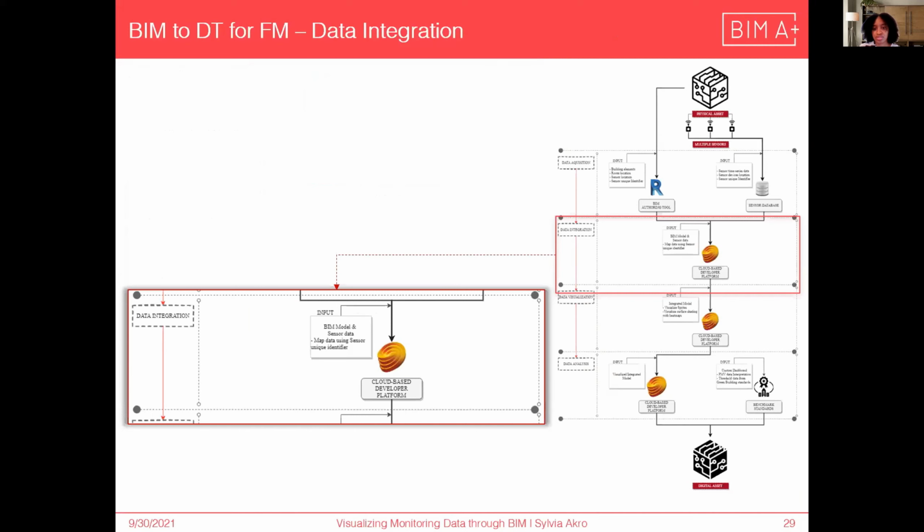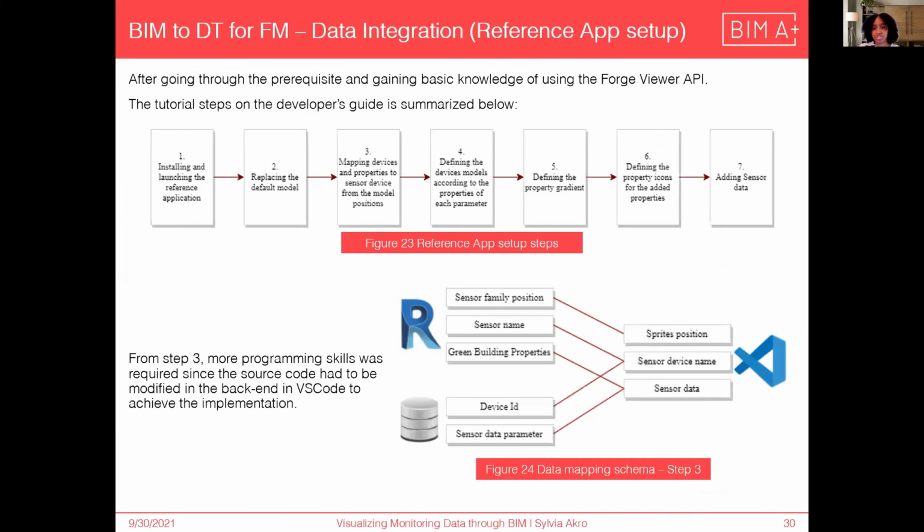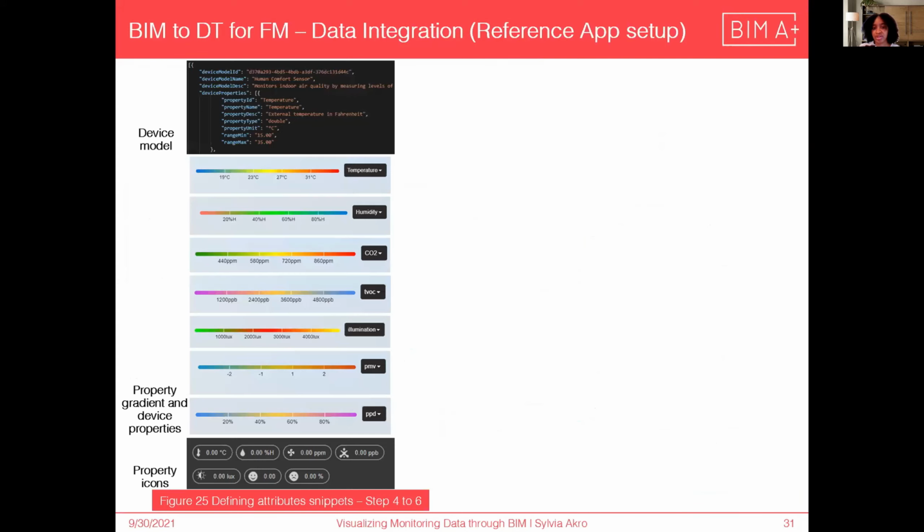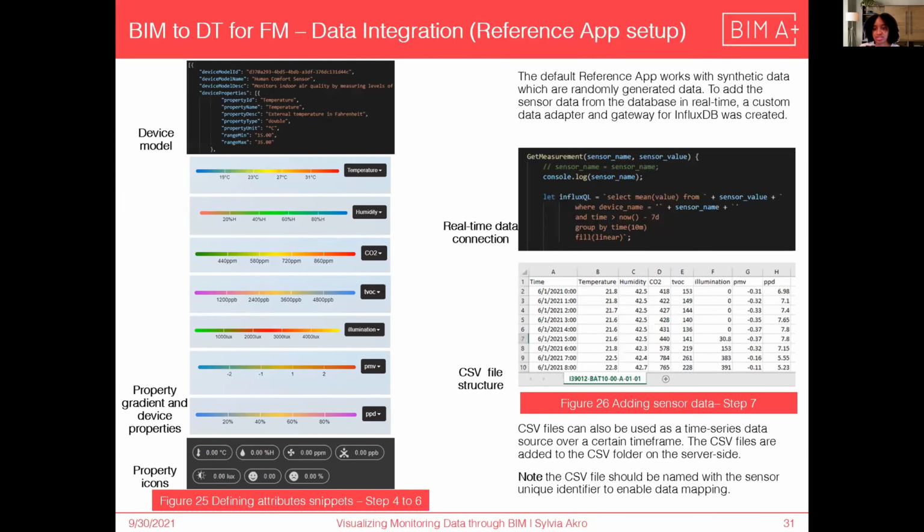The second step was the integration, which had to do with mapping this data within the Forge integrated development environment, which is Visual Studio, mapping the position of the sensors in the building and the property names. Another step was to define the device model of the parameters used, and define the gradient maps and the different icons to represent them.